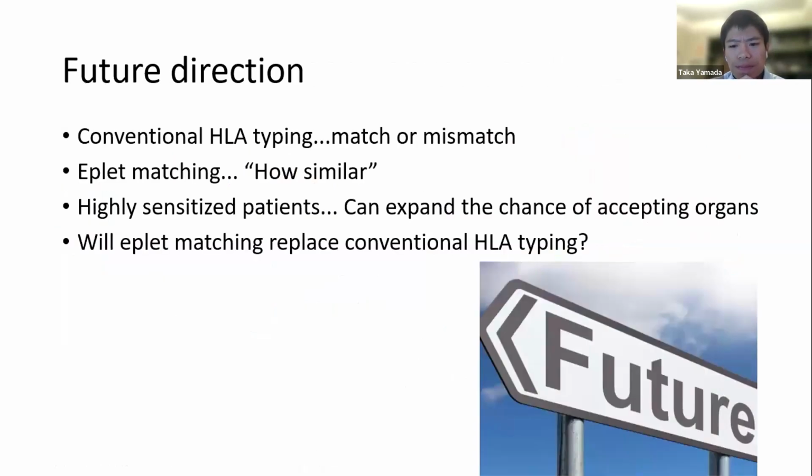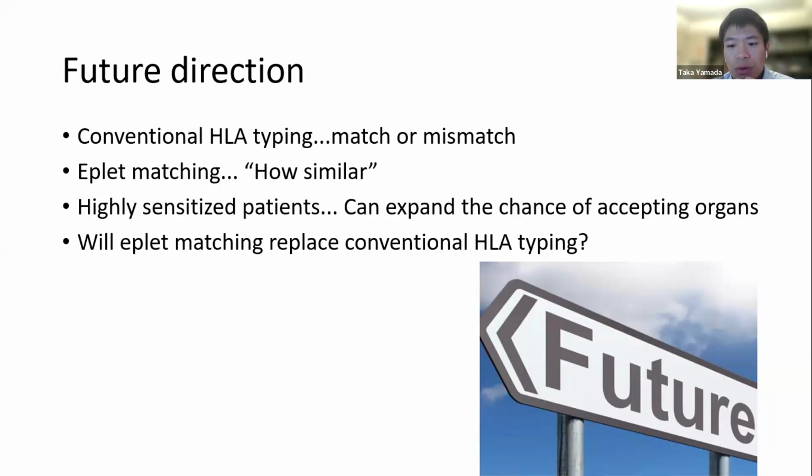Conventional HLA typing provides relatively limited insights into the degree of match or mismatch between donors and recipients. In contrast, Eplet matching explores much deeper into assessing the similarity between HLA molecules. So we are asking not just do they match, but how similar are they?